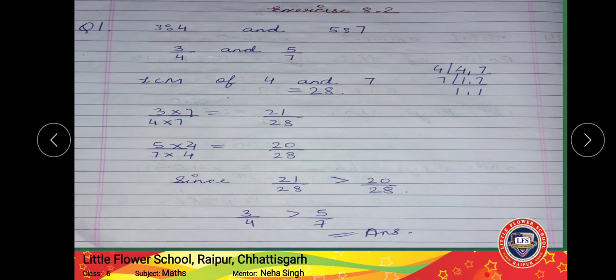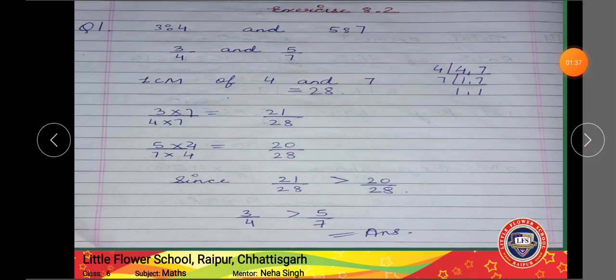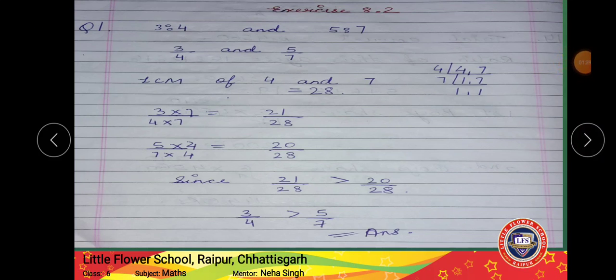So now here we can see the numbers are 3/4 and 5/7. LCM turns out to be 28. Now I'll write 3/4 and 5/7. Now here I'll see what should I multiply 4 with to get 28. So it is simple, 4 7s are 28.